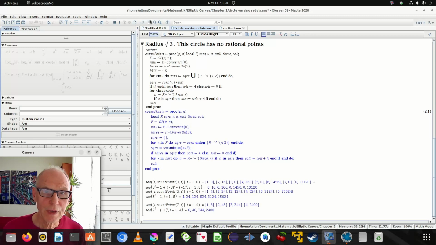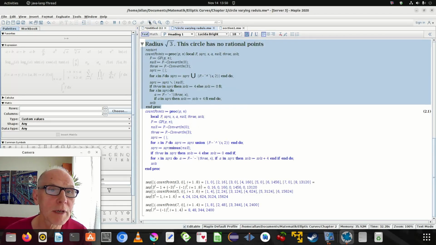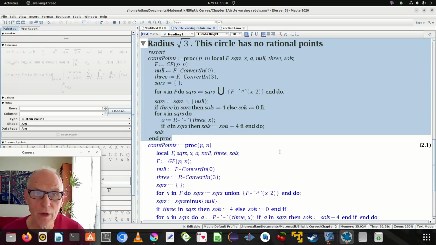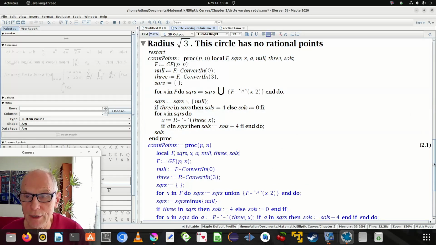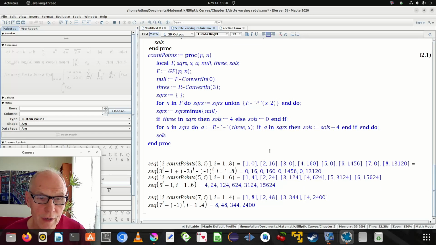Well, guys, I just corrected an error in my procedure, and I will just make it a little bigger for you. So now you can check it out at your leisure. And then I computed the number of points for 3, which are interesting.